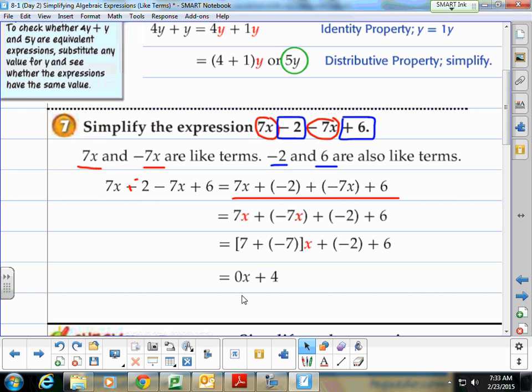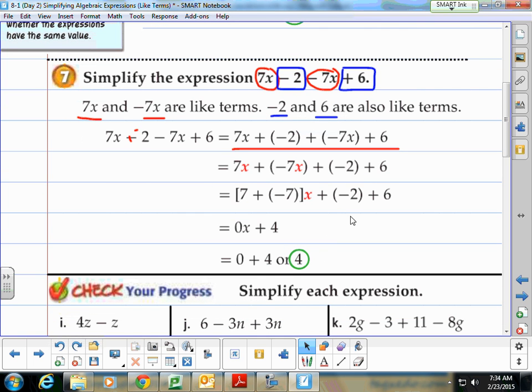And 0 times any number is just going to be 0. So this is the same as 0 plus 4, or just 4. What they did too, just so you're aware, is combine negative 2 plus 6. That's a negative plus a positive, and you have more positives. You have 4 more.